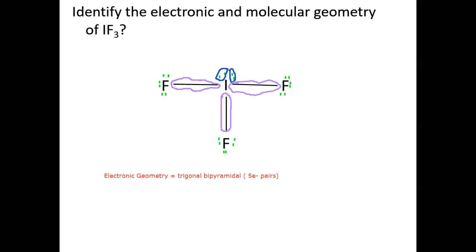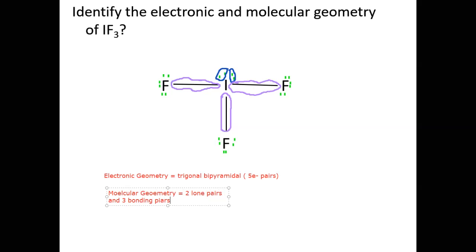So we have 2 lone pairs and 3 bonding pairs.